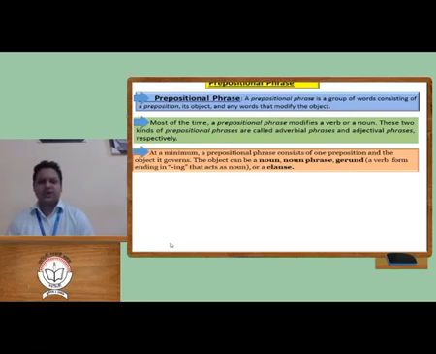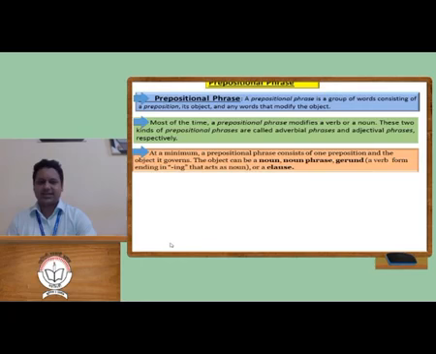The object of a preposition can be a noun or noun phrase or gerund. I think you know what a gerund is. A gerund is a verb form ending in ing that acts as a noun, or the object can be a clause.